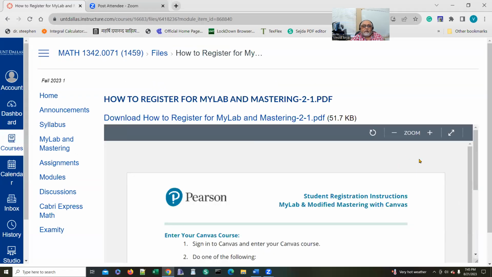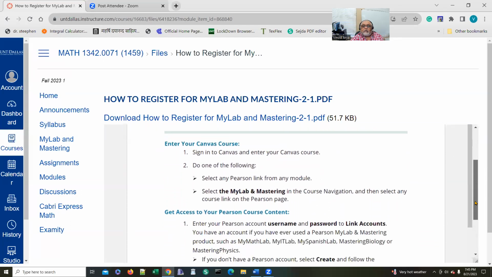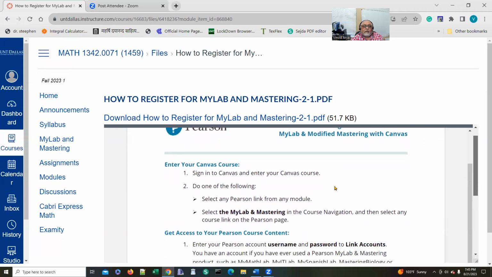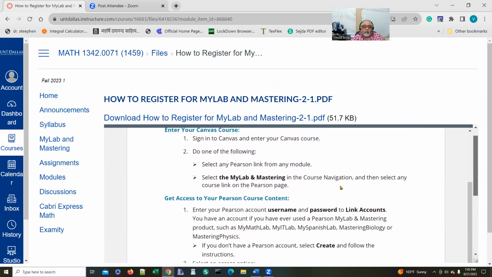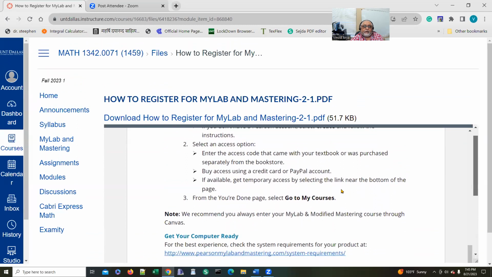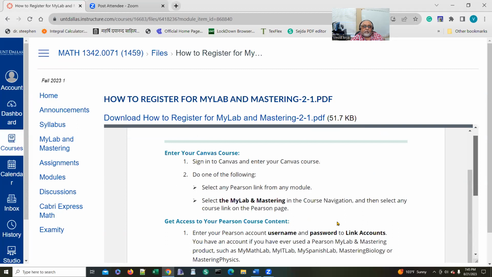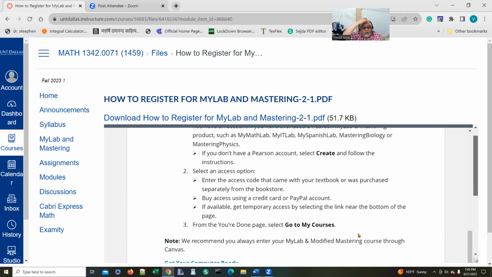Okay, this is another way to register for MyLab and Mastering. So the steps are listed here. The one that Nicole said, I will put that also, but this is an official publication from Pearson, and they give step-by-step directions to get registered for the course.